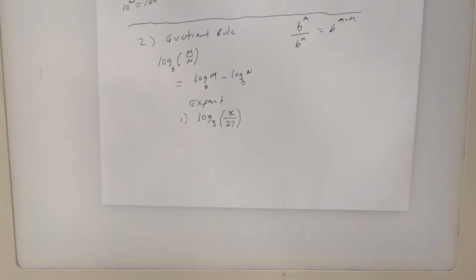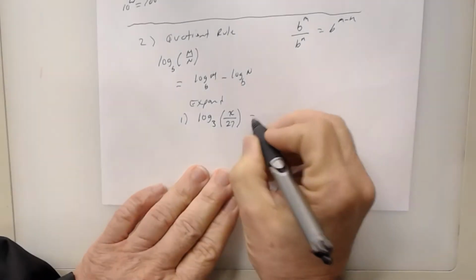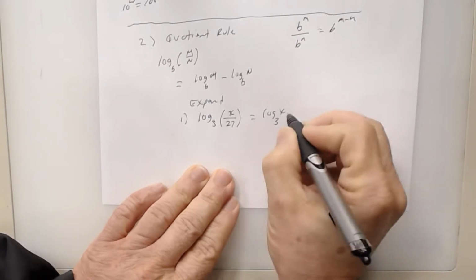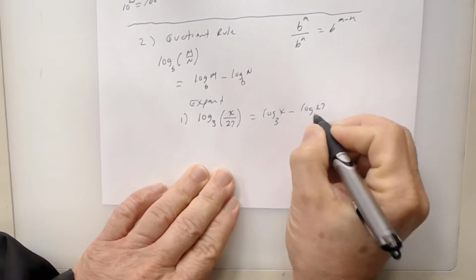How would you expand this? Log of x base 3 minus the log of 27 base 3. Good. So it'll be the log of x base 3 minus the log of 27 base 3.